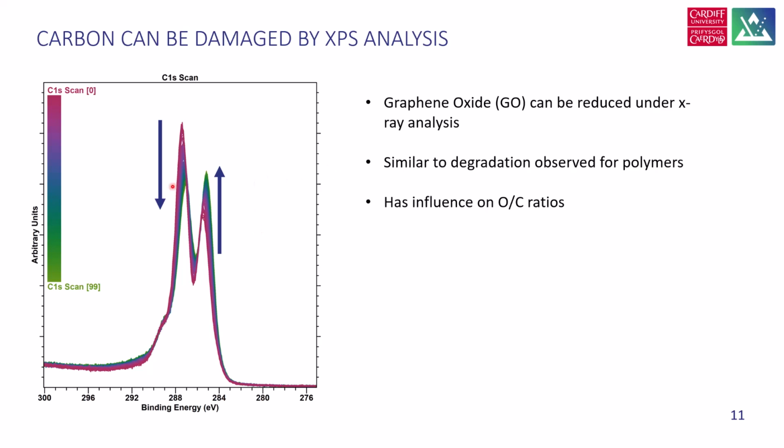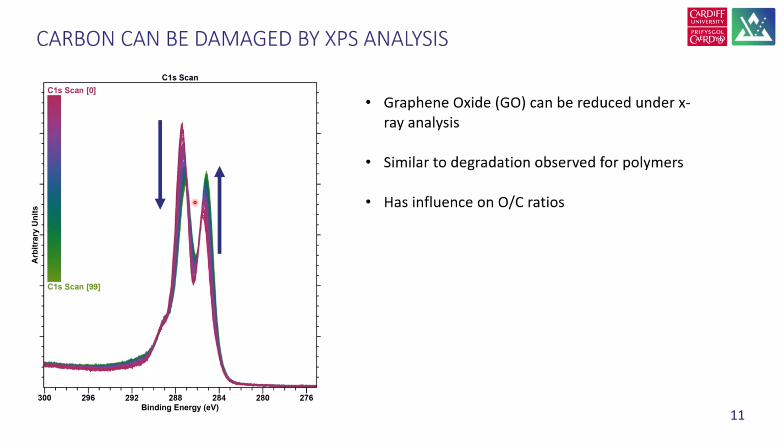And if we continuously analyse this, then what we can see is a reduction of this peak at around 288 electron volts, with a concomitant increase of the peak around 285 or so electron volts. And we can see the colour code in here, the purply colour is at the start, going through to these greeny colours in the 100th scan, and we can see the green coming up here and decreasing there.